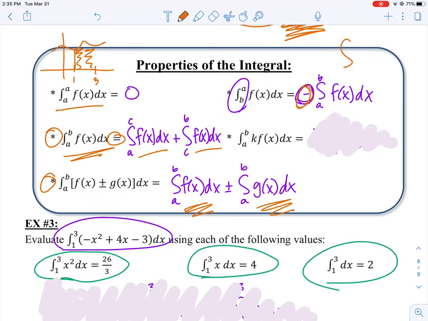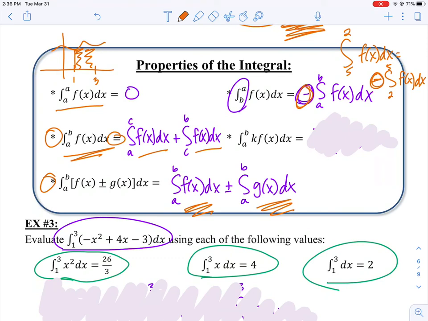So if I were to ask you to find me the area underneath the curve of our function, I don't know, from 5 to 2. We normally don't go from 5 to 2, from right to left. We go from left to right. And so we would have to change this into finding the area from 2 to 5, which is the same area, right? But we need to negate our answer.